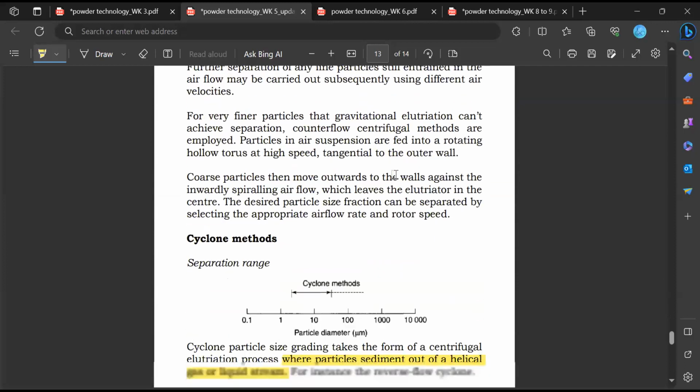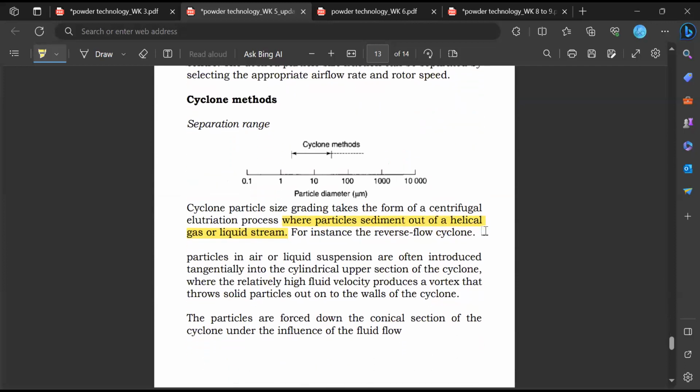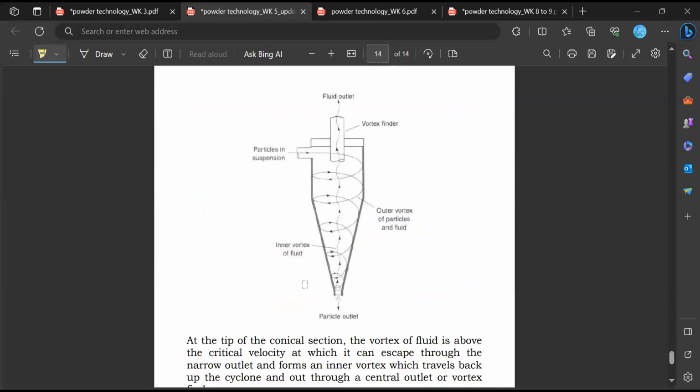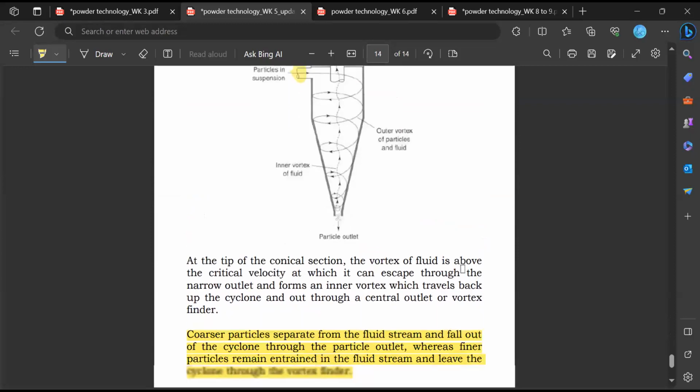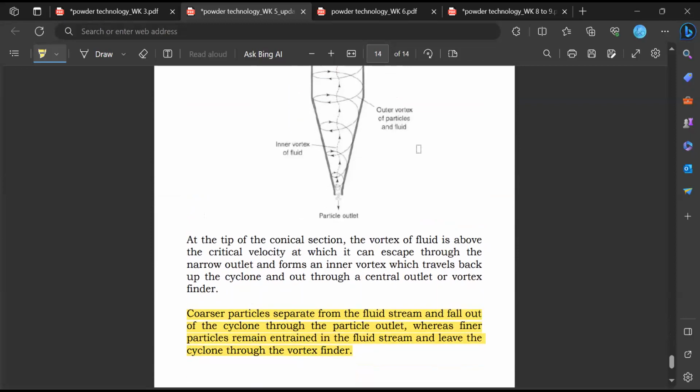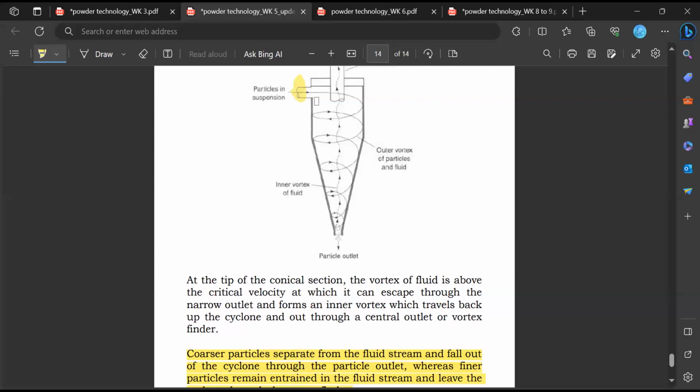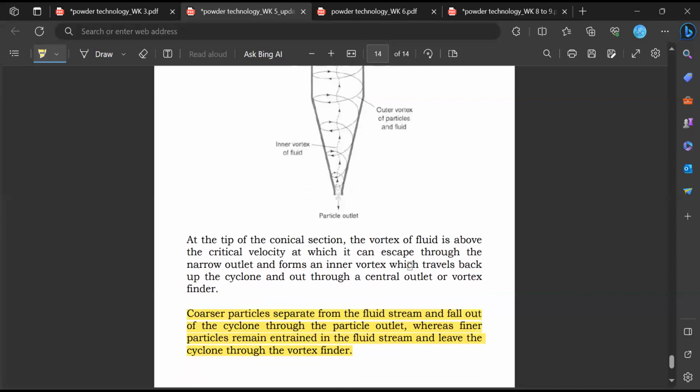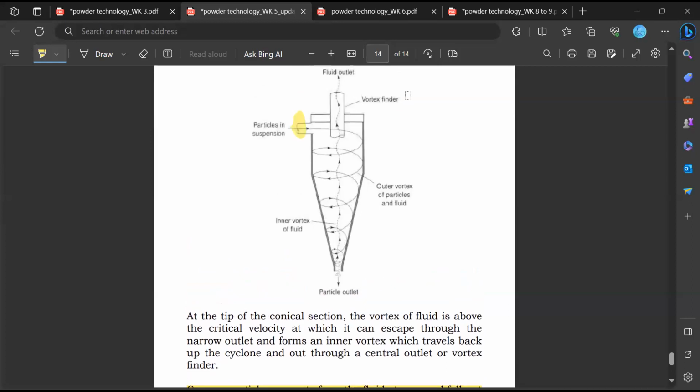Then the last one is the cyclone method, where particles sediment out in a helical gas or liquid stream. As you can see over here, the particles are let in from this place, and the coarser particles usually go into the particle outlet, while the smaller particles are more entrained in the fluid stream and get out through the vortex finder.